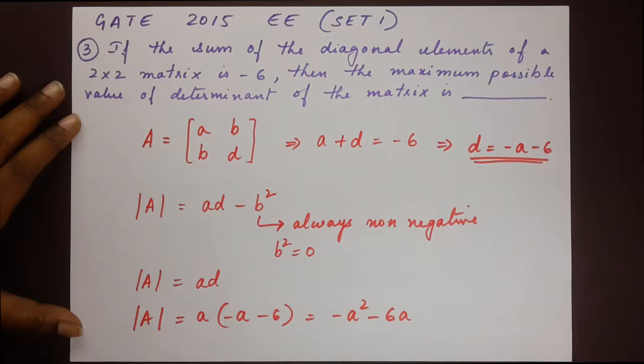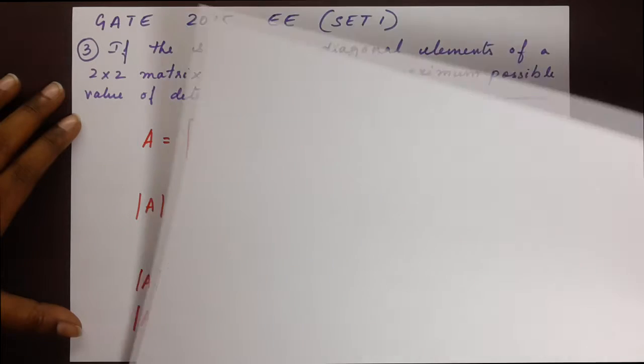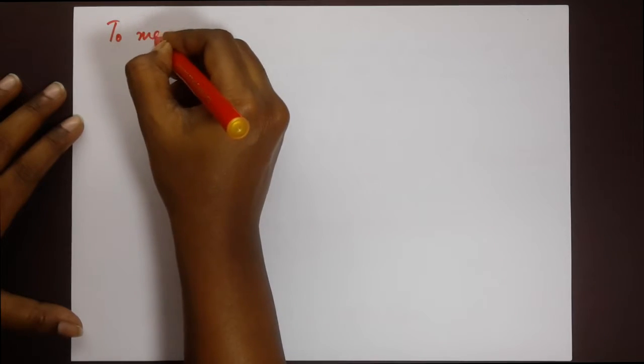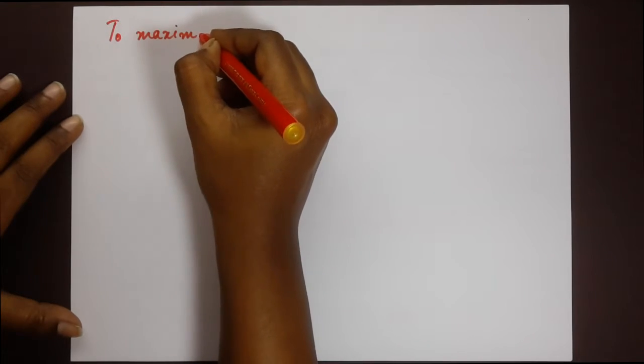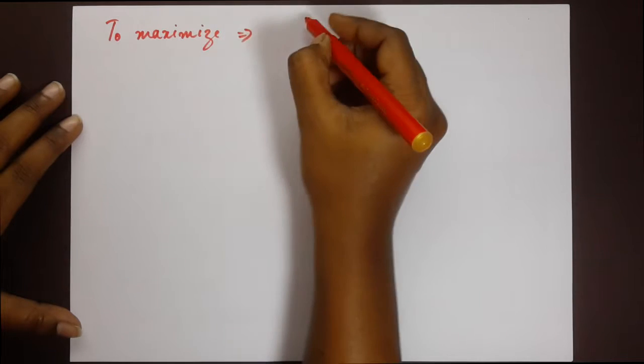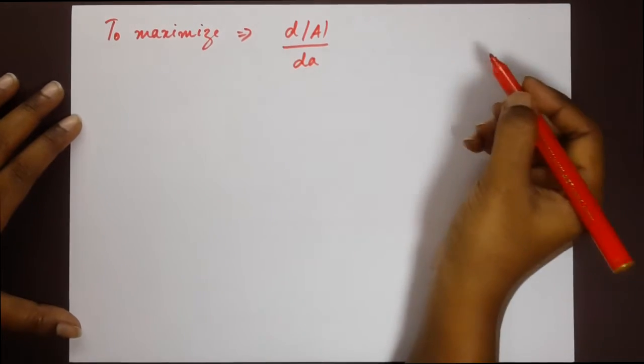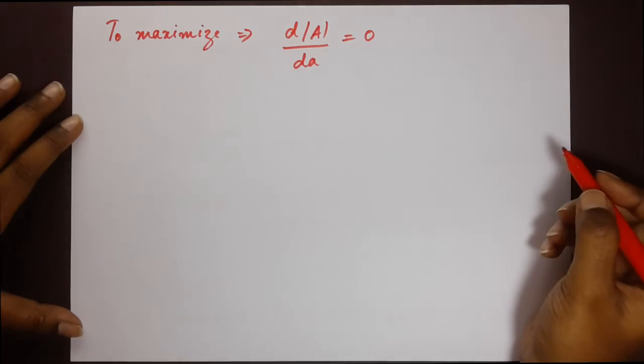Now in order to maximize the determinant, we would have to differentiate. In order to maximize, d(det A)/da is equal to 0.